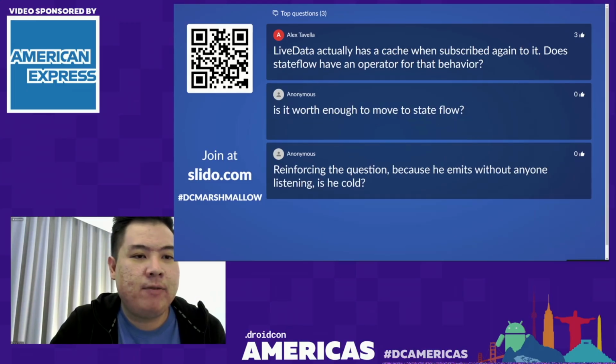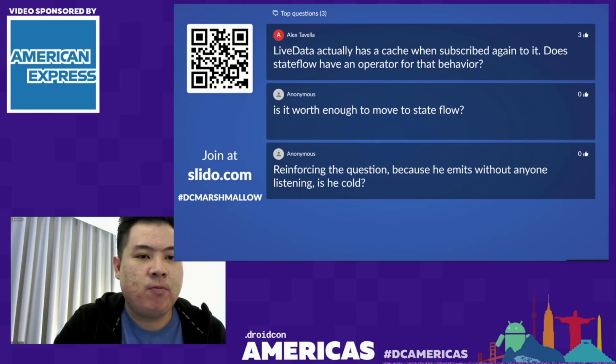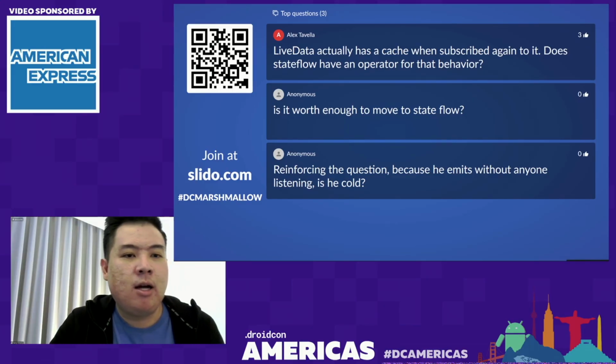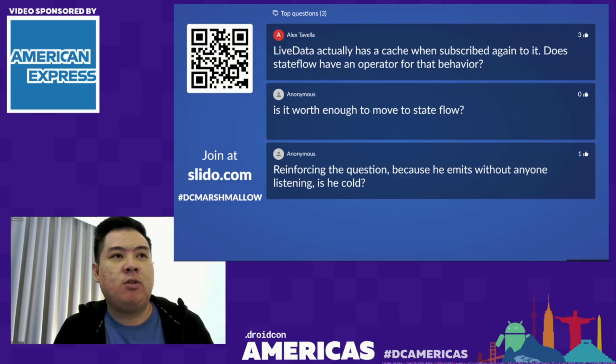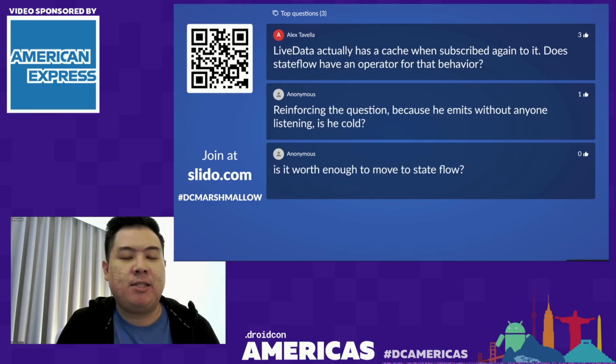The next is, LiveData actually has a cache when subscribed again to it. Does StateFlow have an operator for that behavior? Yes, LiveData has a cache. So when we subscribe to it again, we'll get those changes, especially when we use observeForever. But in StateFlow, I think such behavior doesn't exist.